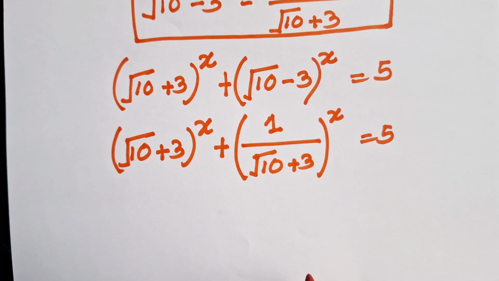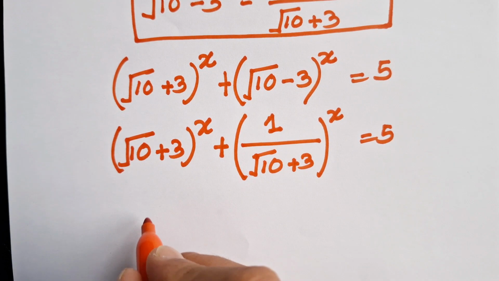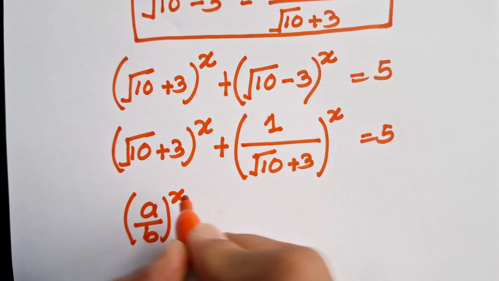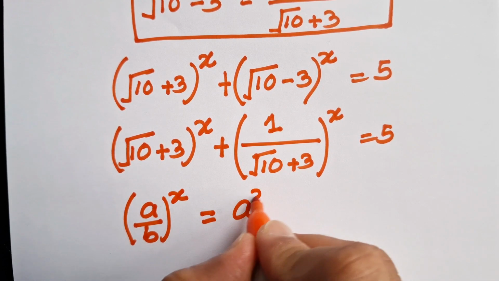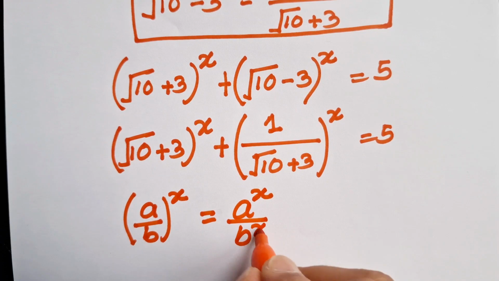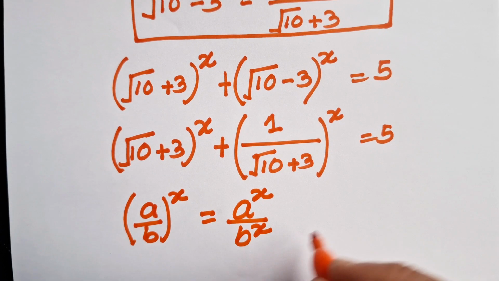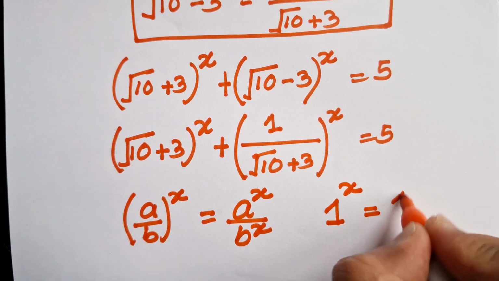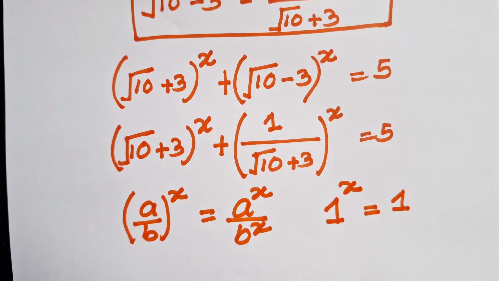Now we know that according to the exponential rules, for any numbers a and b, (a over b) to the power of x can be written as a to the power of x divided by b to the power of x. And for any real number x, 1 to the power of x is always equal to 1.